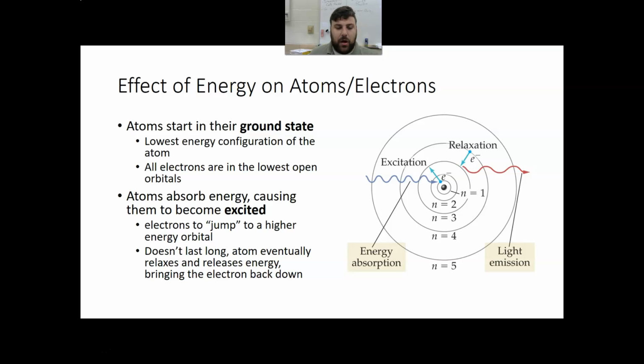It doesn't last long. The atom will eventually relax and release the energy that it took in, bringing the electron back down. So if we have an electron here, it will relax, fall back down to here, and release what is called a light emission, which is energy in the form of light.